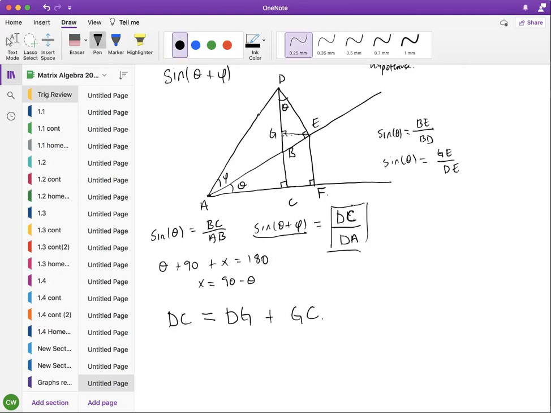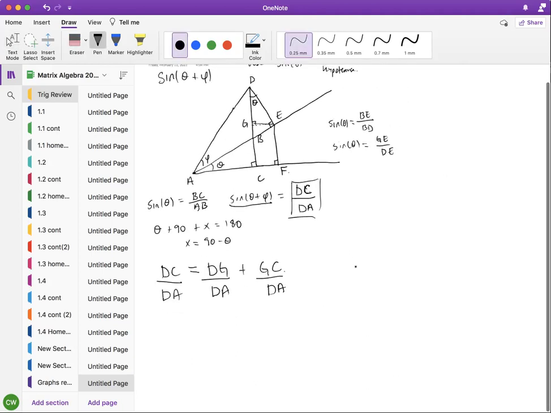Now, since we care about sine of theta plus phi, let's divide everything by DA. We're going to do a trick and multiply these fractions by 1.